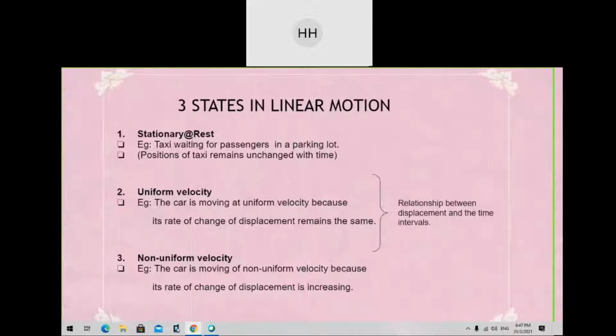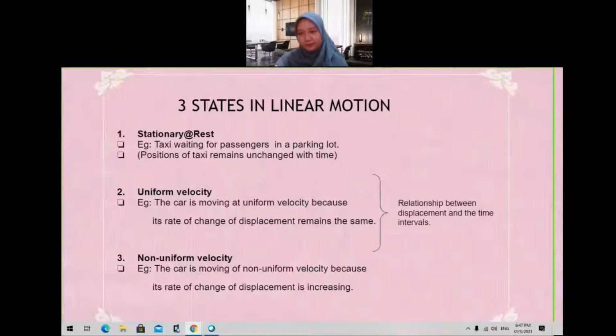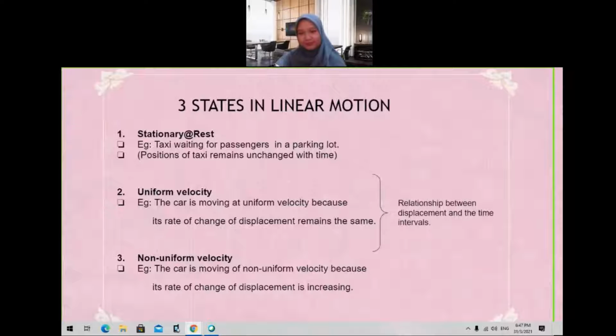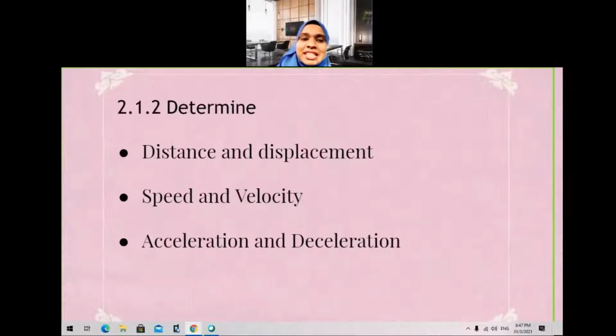But for non-uniform velocity, the car is moving and the rate of change of displacement is increasing, which means there is acceleration here. So the velocity is non-uniform. Now Teacher Munirah will explain about the terms that we use in motion.